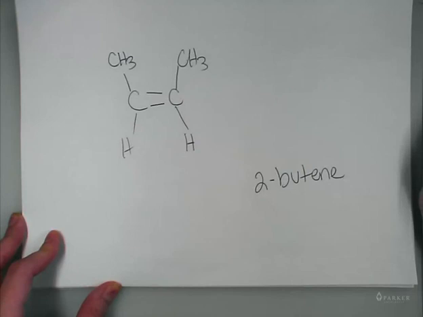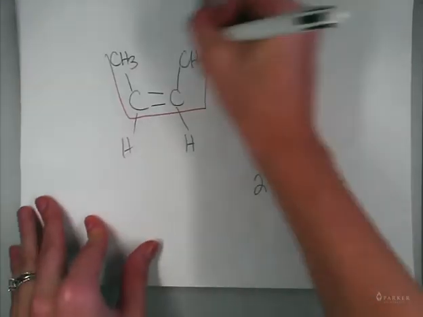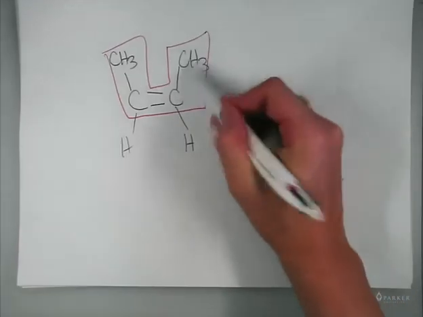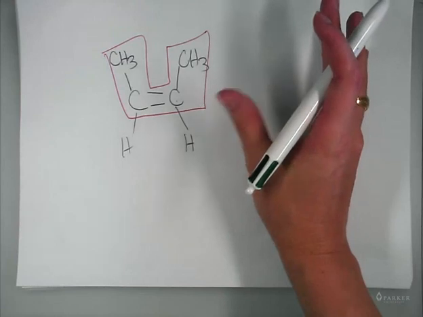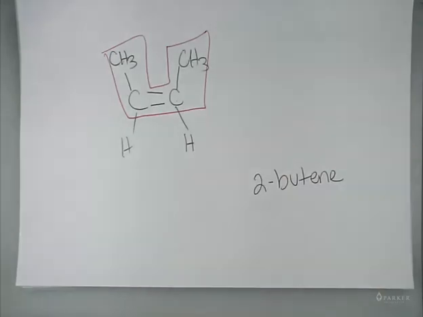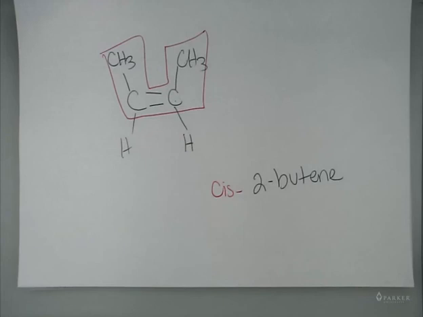Are there any branches? No, because we included all of this in the chain. 1, 2, 3, 4. So are there any branches? No, but I can label this double bond as a cis or trans. And what is it? Cis. So at the very beginning of the name, you had to put cis-2-butene in this case.